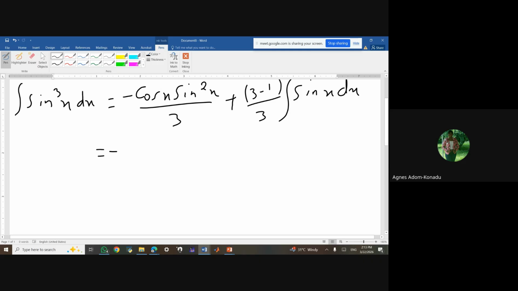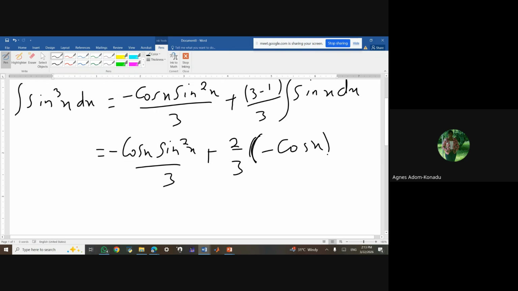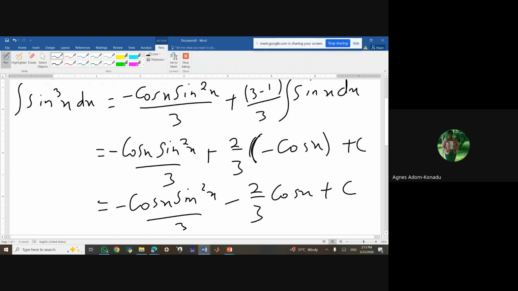So this is minus cos x sine 2x over 3 plus 2 over 3. Then integral of sin x is negative cos x, then plus c. So this is minus cos x sine squared x over 3 minus 2 over 3 cos x plus c.